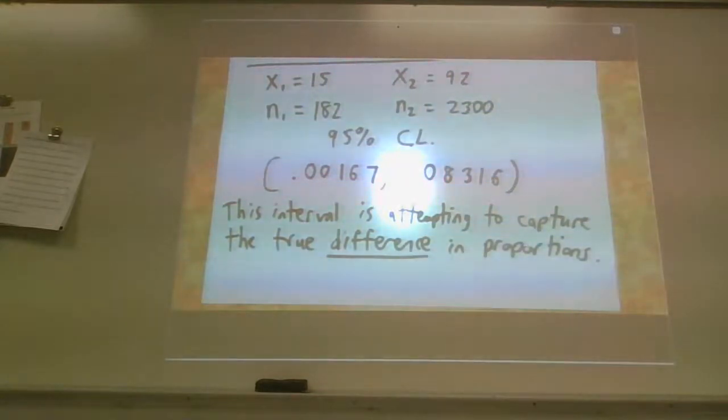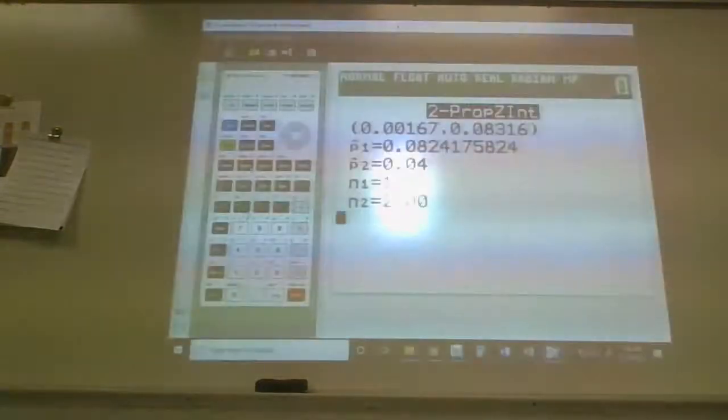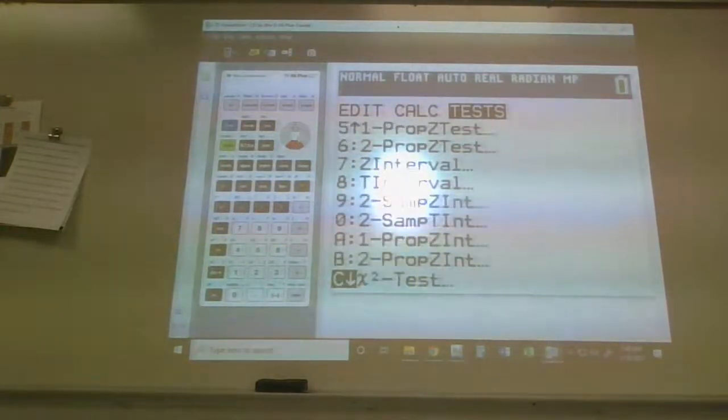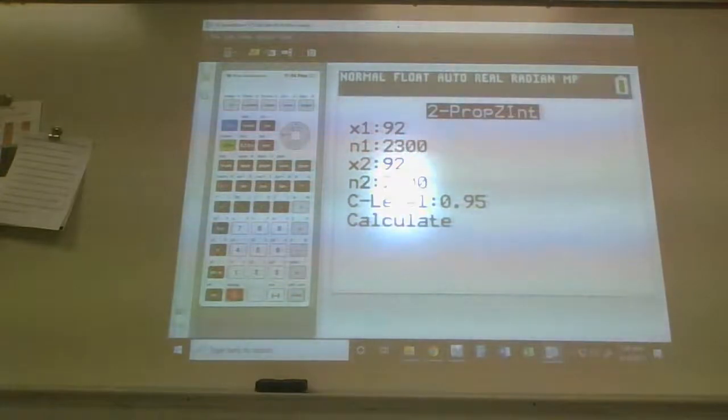It's really messed up. In fact, check this out. Just one more thing before we jump to that multiple choice thing that I wanted to do with this problem itself. Actually, I'll do it on the calculator over here. Check this out. If I go back to, there it is, 2 prop z int. Watch what I'm about to do here. I'm about to switch up these numbers. Good.